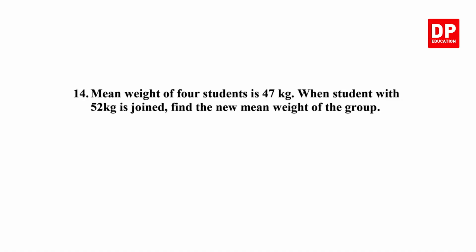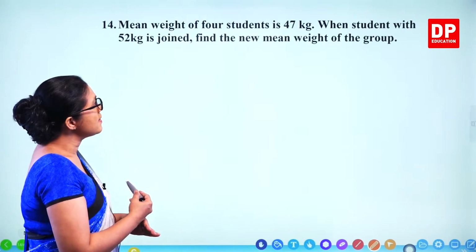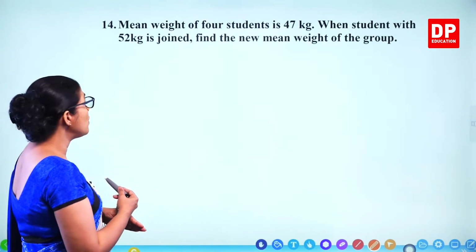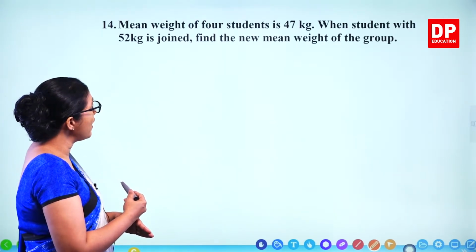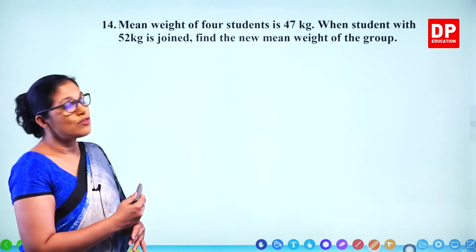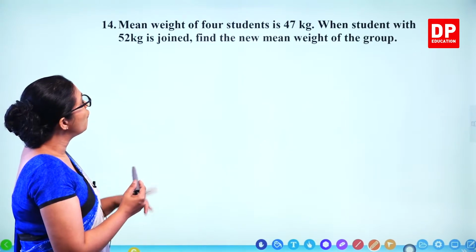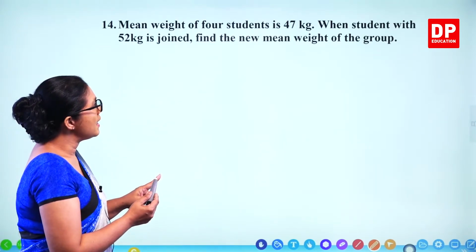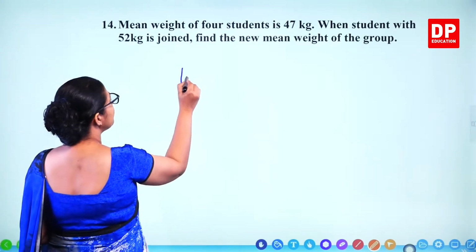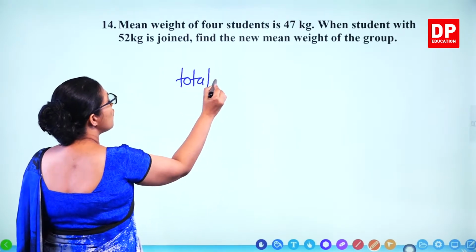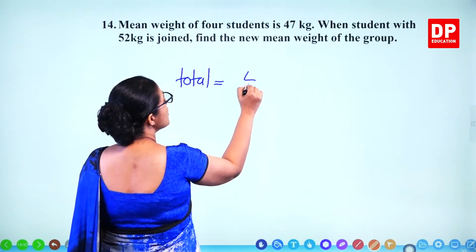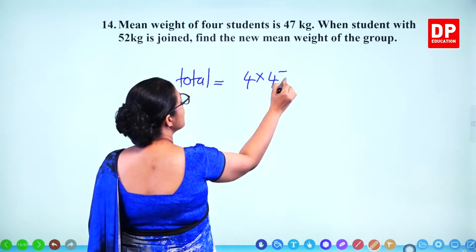Question number 14. Mean weight of 4 students is 47 kilos. When a student with 52 kilos is joined, find the new mean weight of the group. For 4 students, 47 is the mean. So what's the total? Total for 4 students? 4 times 47.